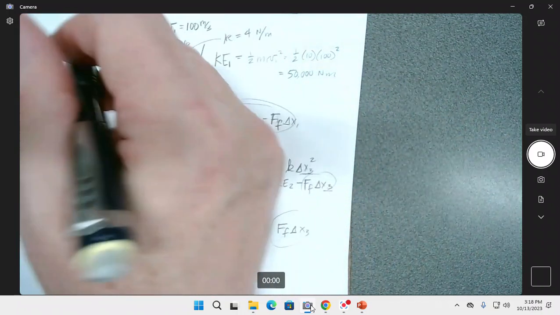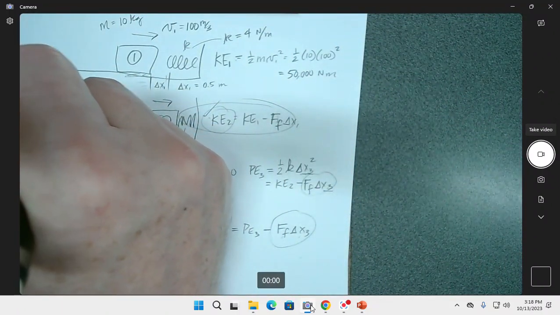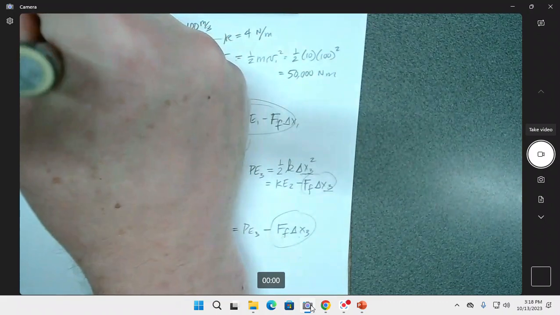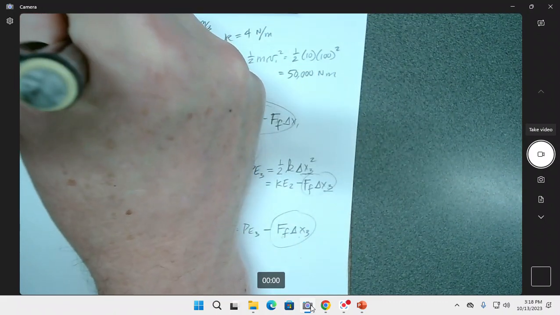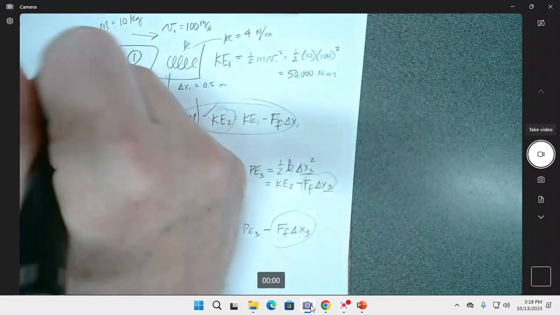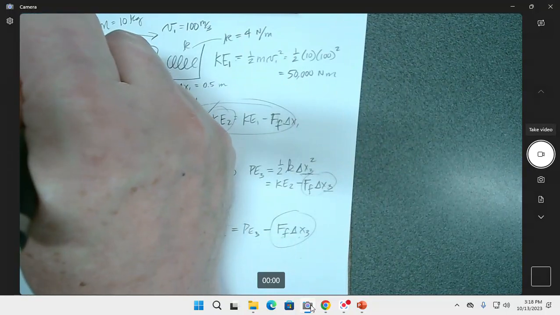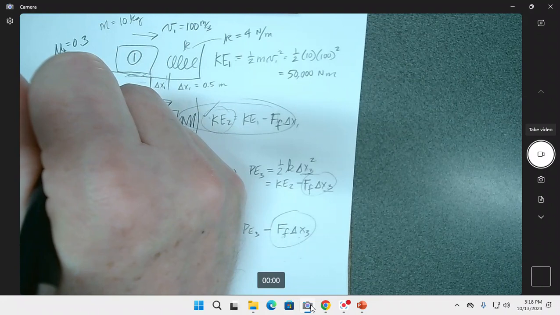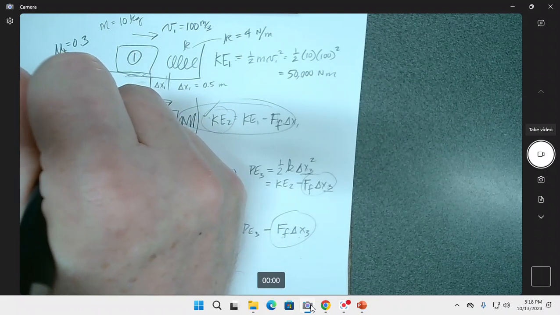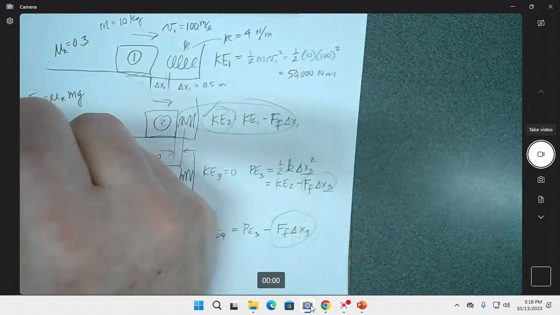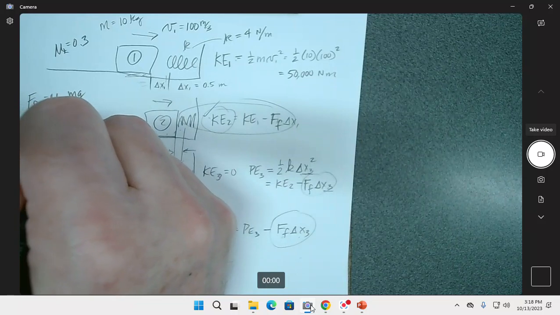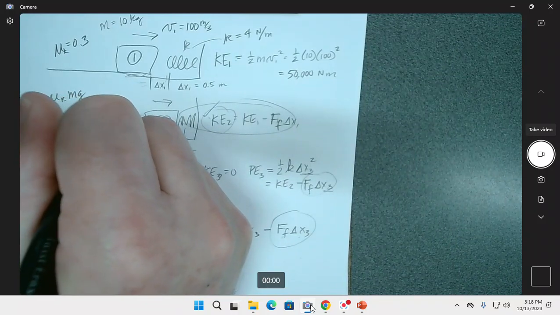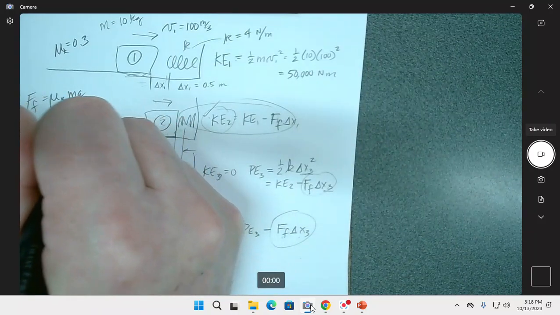And because of this, the friction force is going to be mu k, which we'll say is 0.3, times mg, because it's the normal force. So 0.3 times 10 times 9.81.